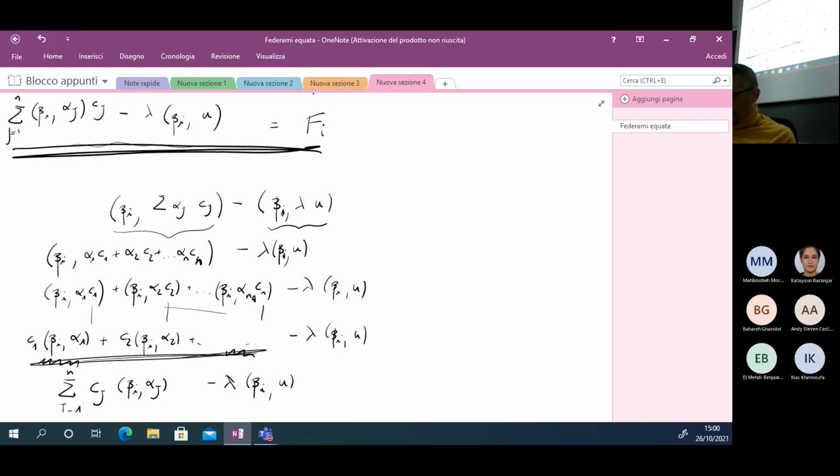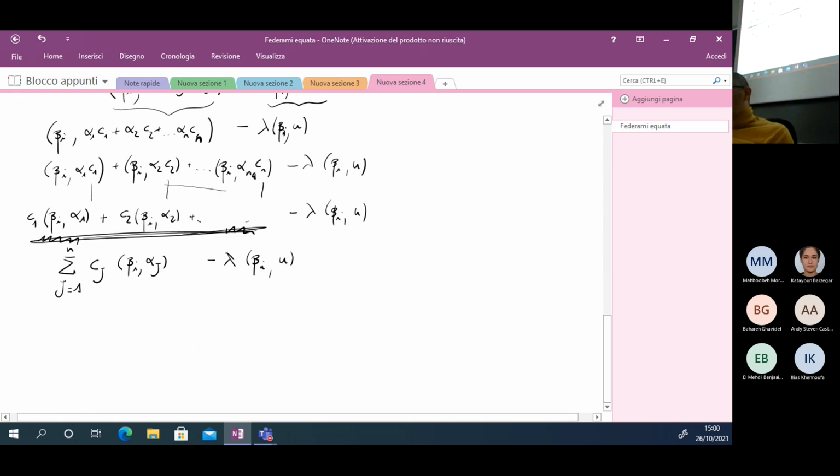Now, this inner product between beta I and alpha j, these are numbers. This can be written as capital A ij.